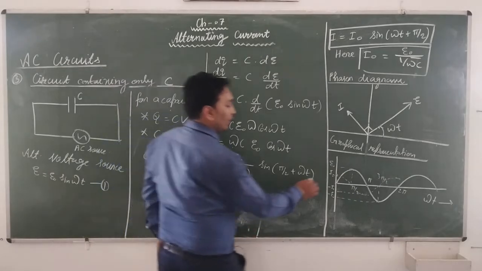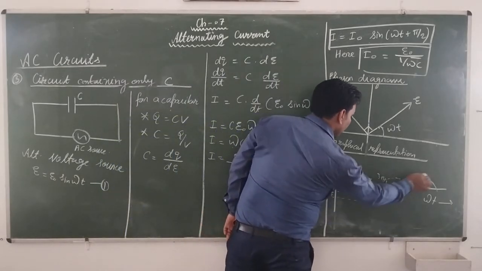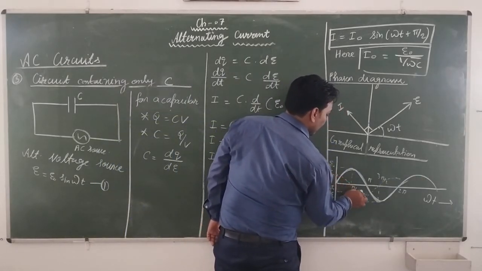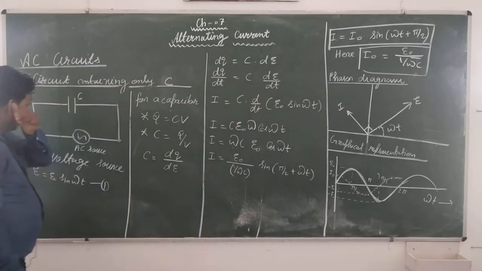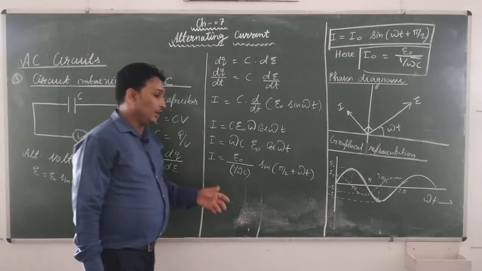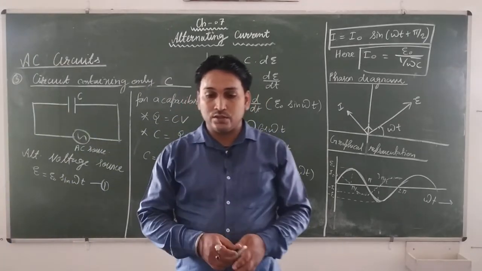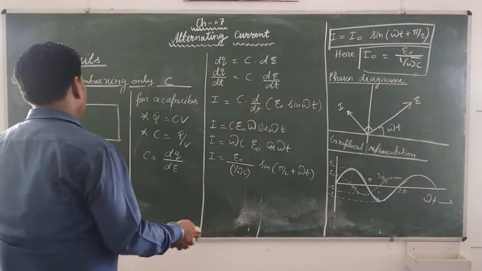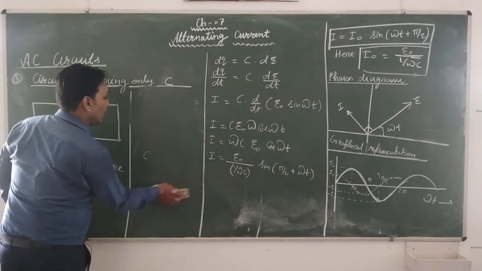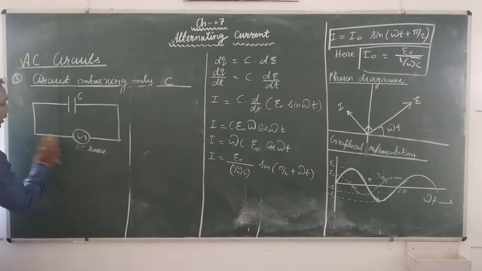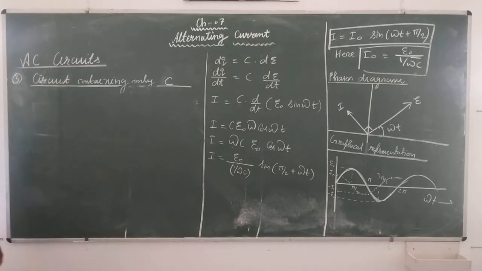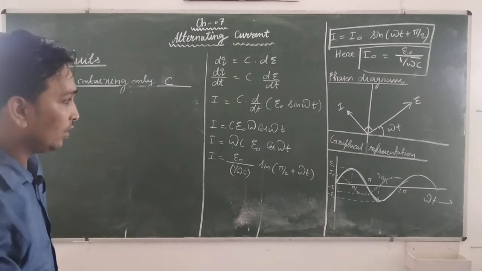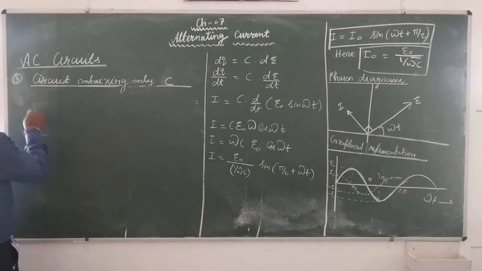So the graph of EMF will be this way and the graph of current will be this way. So this is the combination of three individual circuits we have studied. In the next lecture we'll study the combinations of L and C, L and R, and C and R.